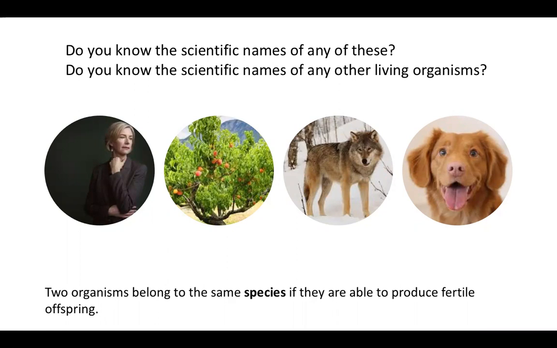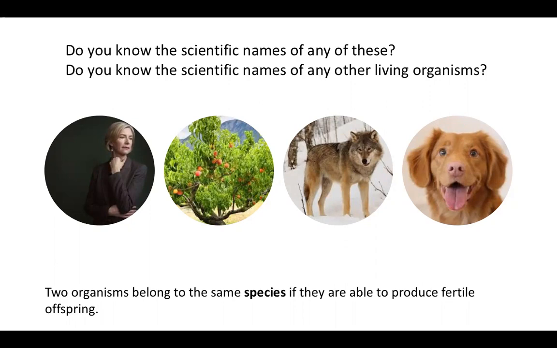You could think of the liger or the tigon, which is a tiger and a lion mating. They do have offspring, but those offspring are infertile. So that's showing that they are no longer part of the same species. This definition is slightly more flexible these days now that people know a bit more about relationships between different species of animals. But for our purposes, this is what we're sticking to.